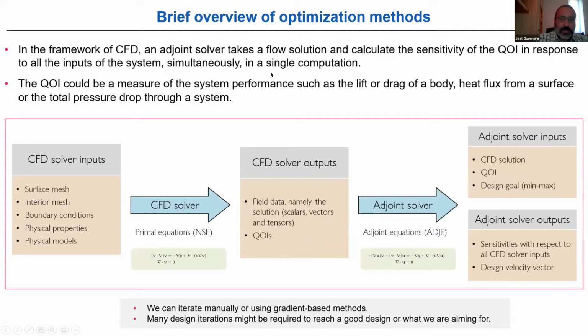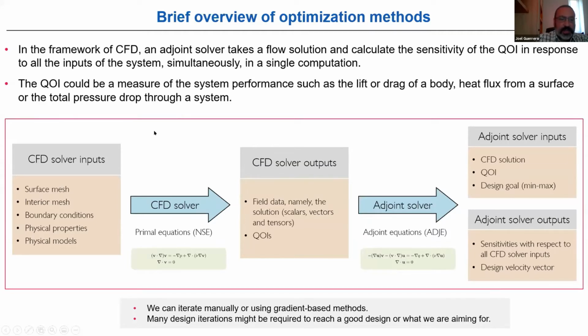As you see, it's very efficient, okay? And here we no longer have the problem of the curse of dimensionality. That quantity of interest could be a measure of system performance, like lift, drag, heat flux, total pressure drop, whatever you can compute in your CFD simulation.